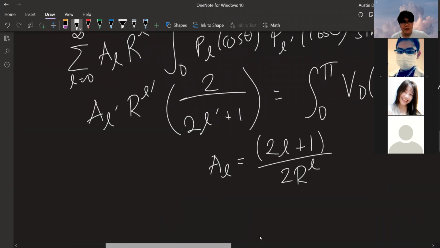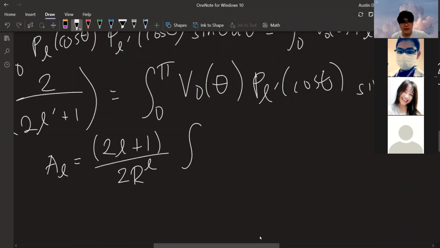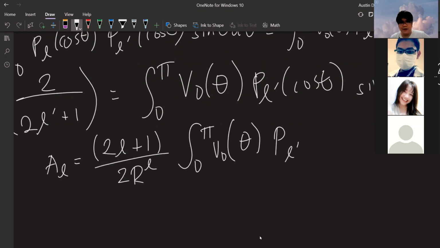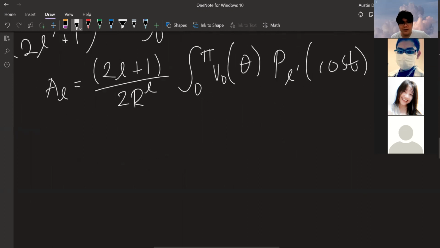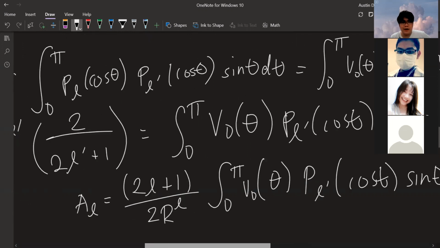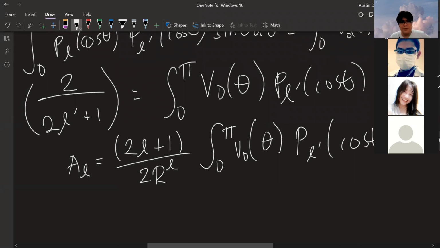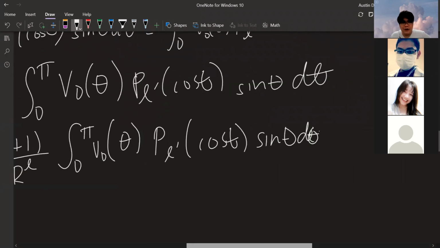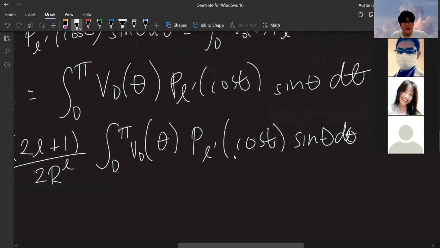Then the integral from 0 to pi of V naught theta, P L cosine theta, sine theta d theta. Okay, so P L prime defined yan. Defined yung Legendre polynomial, so we can just search its form.